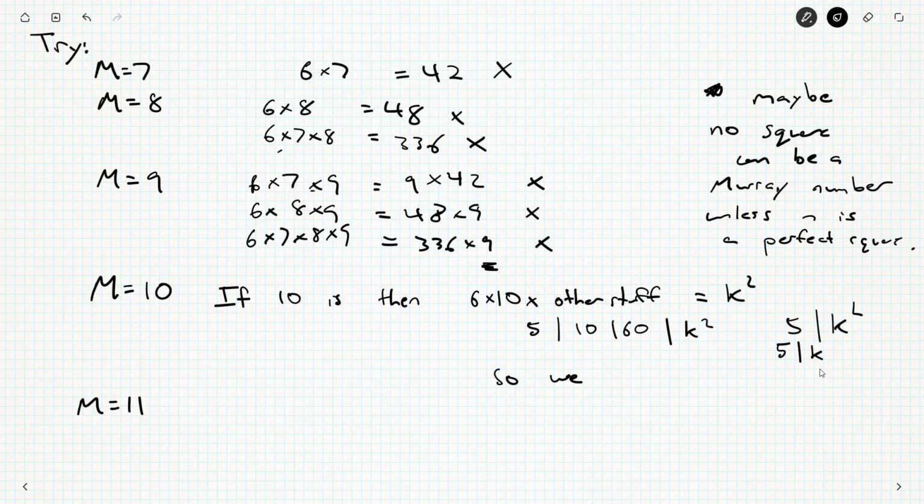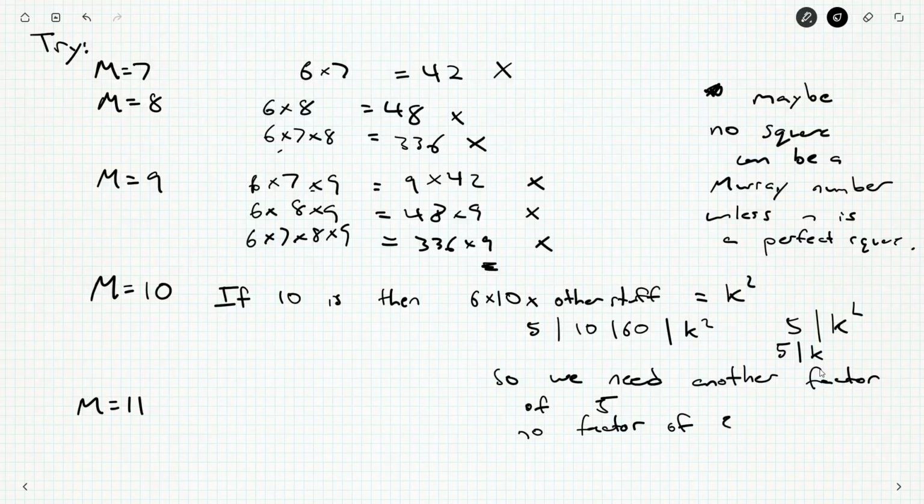So we need another factor of 5 from somewhere, but there's no factor of 5 between 6 and 10.